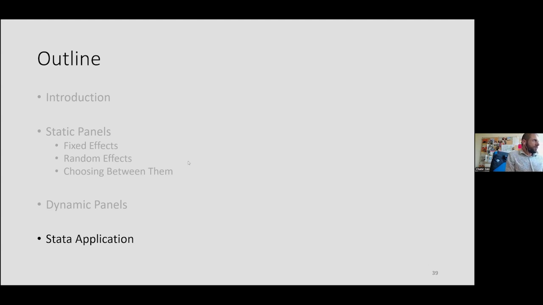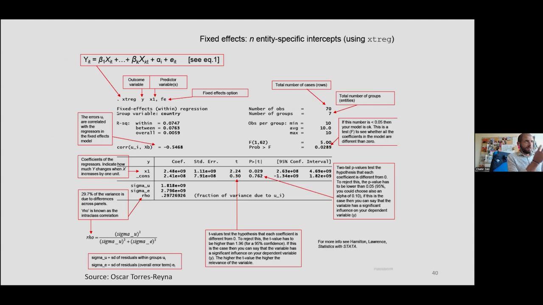Because on STATA, as you know, I'm sure that some of you have already used this in STATA. In order to run a fixed effects model, we use the command xtreg, and we add fe at the end to show that it's the fixed effects model.